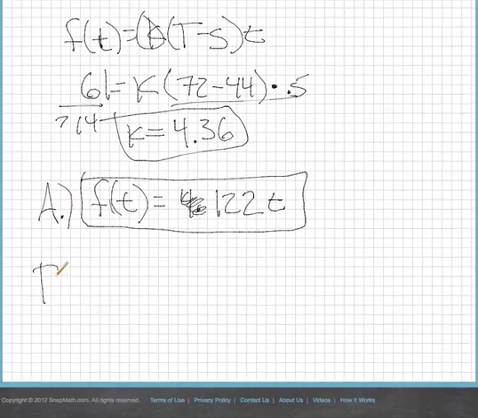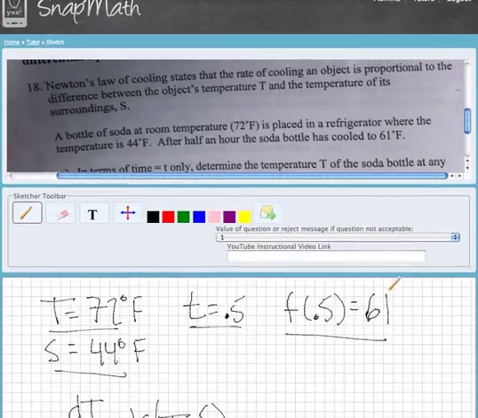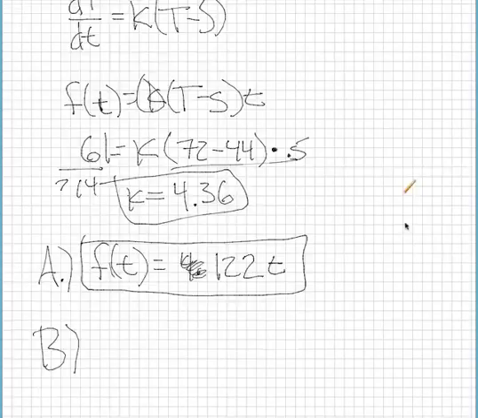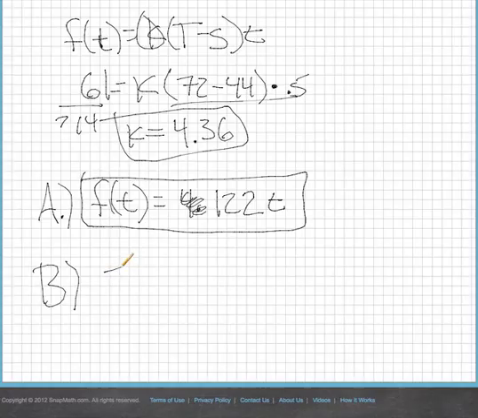Part B is easy. All you have to do is just substitute the t in, or it's not as easy. We know that we're going to solve that. This is 50, and we're going to solve for t. So what we get is 50 divided by 122, and what we get is time equals 0.41.